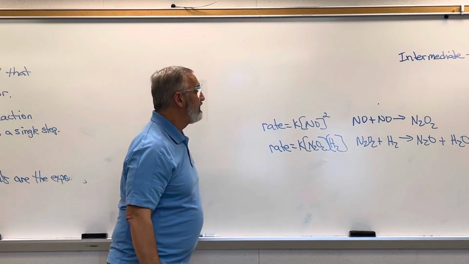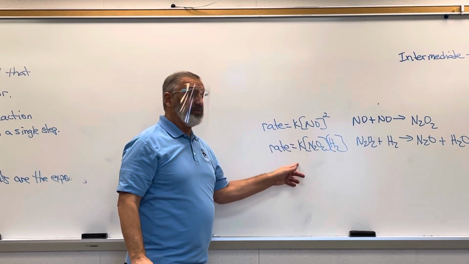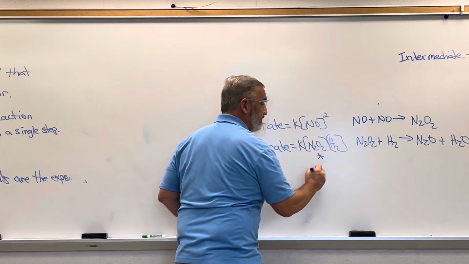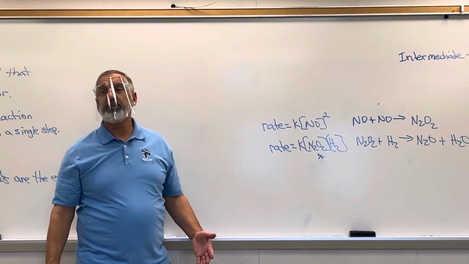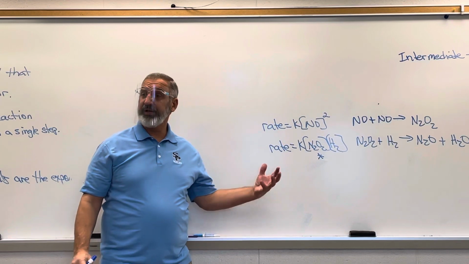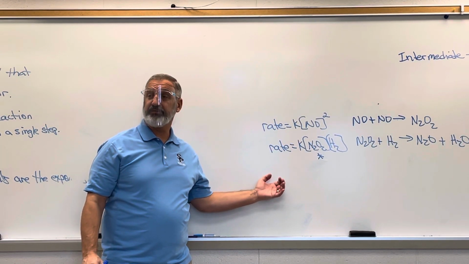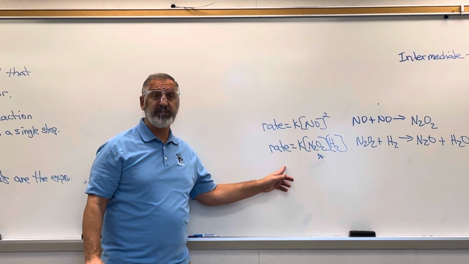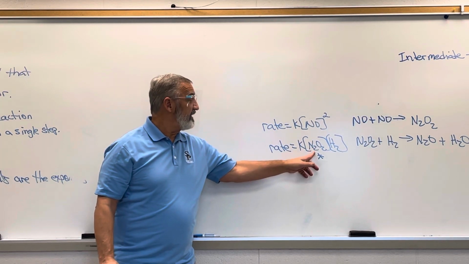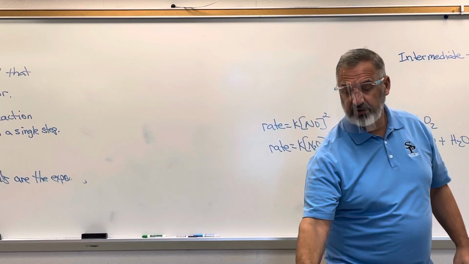Okay? Now, right here, we have a problem. We generally don't include an intermediate in the rate law. That's going to be the last thing we talk about, how we can figure out ways to eliminate that. But here, so now we go back to what the question asks.